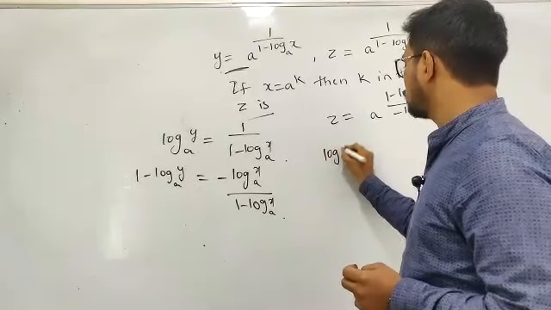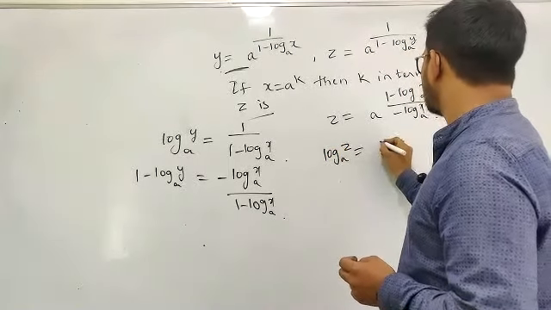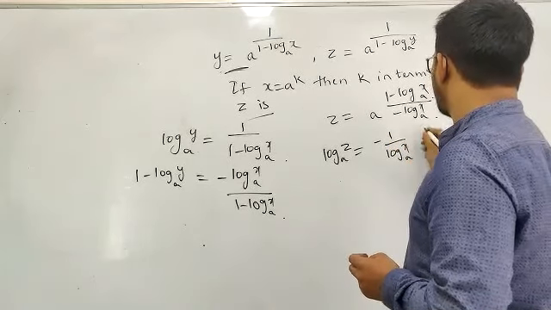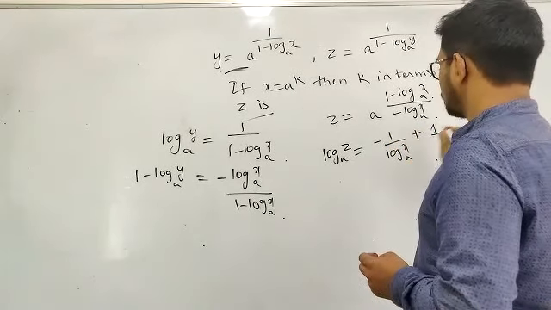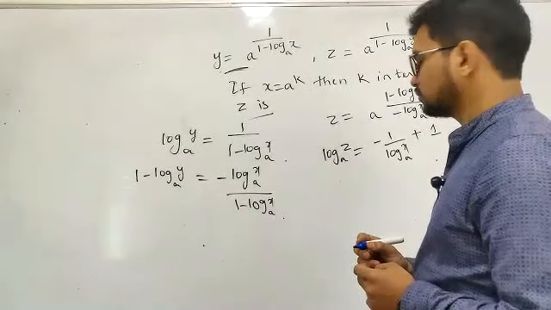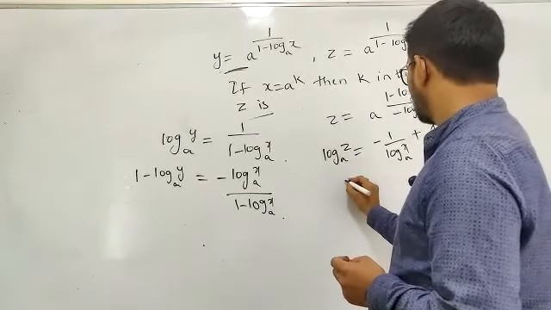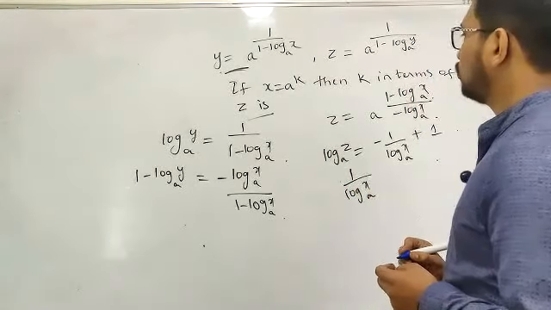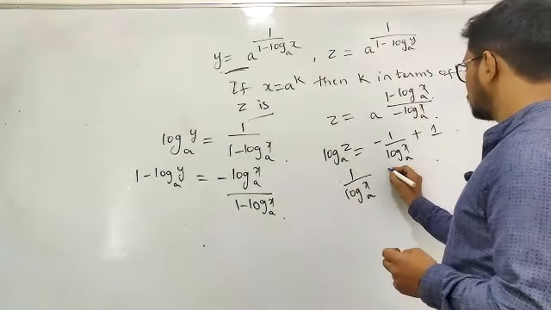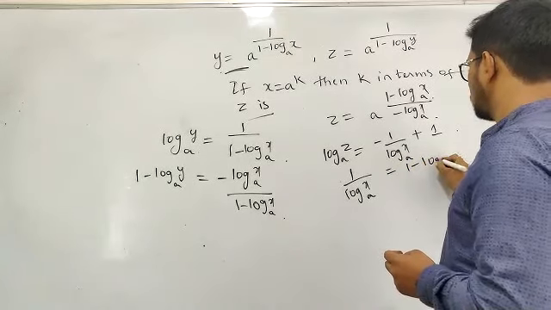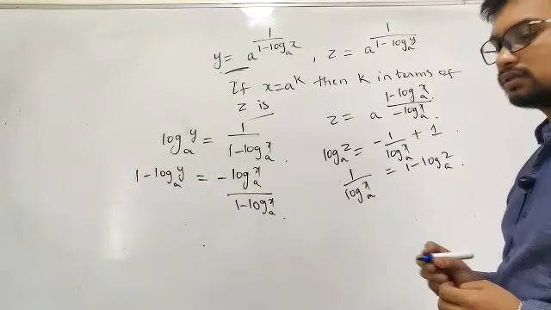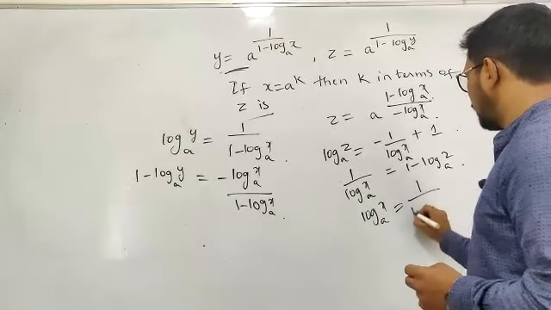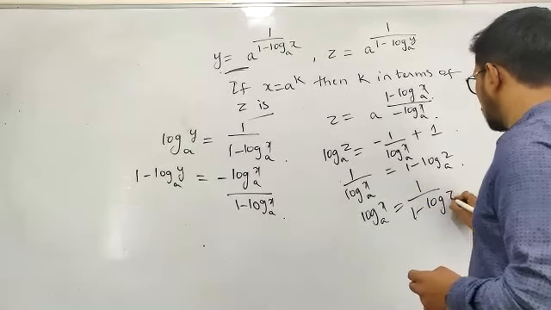So we'll be getting log z to the base a is minus 1 by log x to the base a plus 1. So this 1 by log x to the base a value will be 1 minus log z to the base a. So they're asking for log x to the base a, this is 1 by 1 minus log z to the base a.